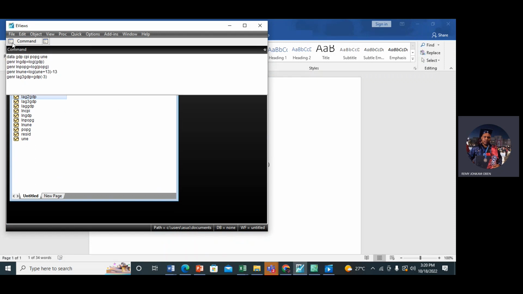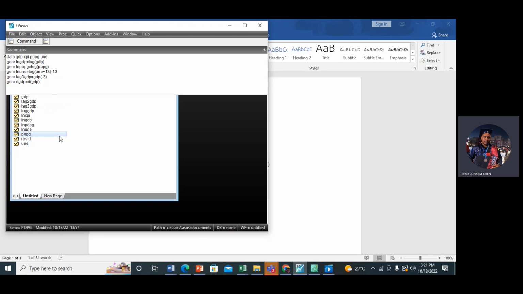So to generate the first difference of, let's still use GDP. So I'll just say generate D GDP, which is equals to D open bracket GDP, and then you press enter.